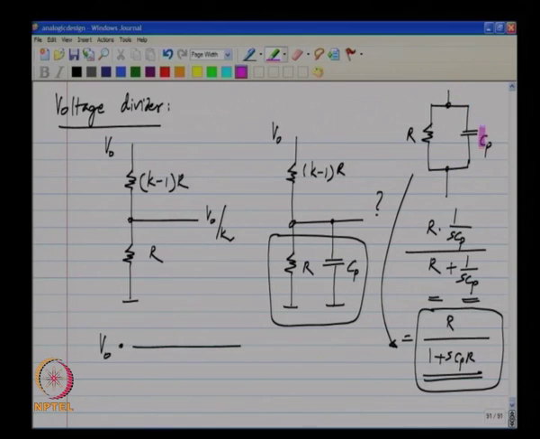In fact, most of the current goes through the capacitor instead of the resistor. Again, if you now imagine that the second term in the denominator here is much more than the first term, we will get approximately R by SCPR or 1 by SCP. So, at high frequencies you see only the capacitor Cp. Okay. So, this expression makes sense, and as I mentioned in the introductory lecture, whenever you analyze a circuit, it is important to interpret the results and make sure that they make intuitive sense.